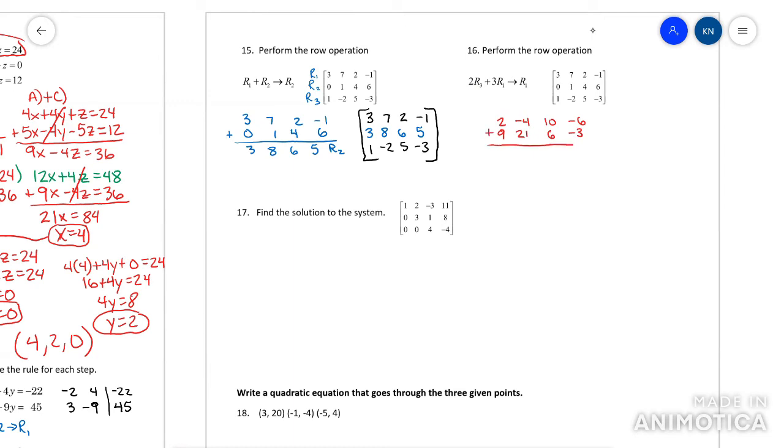I want you to add those together: 11, 17, 16, -9, and then rewrite this as row 1. So this is my new row 1. Everything else is the same.